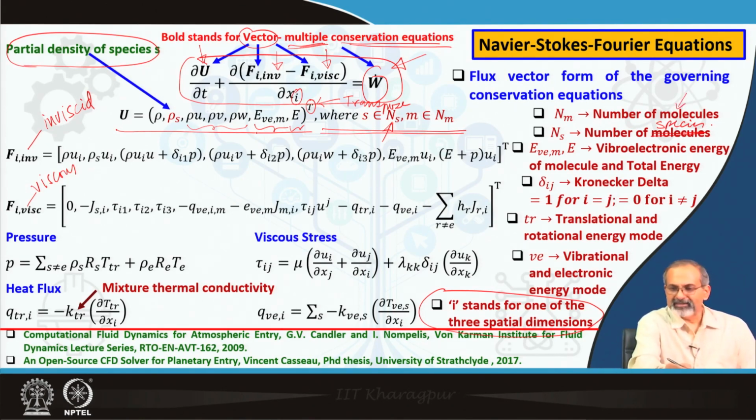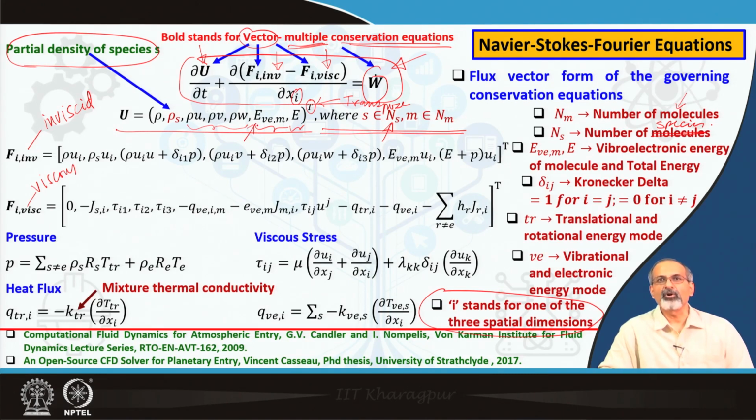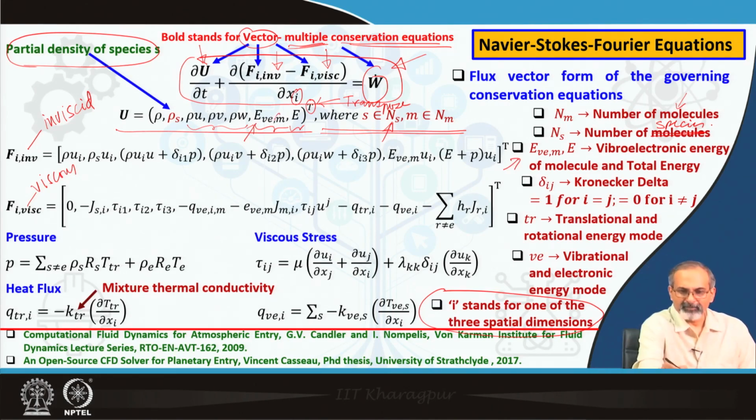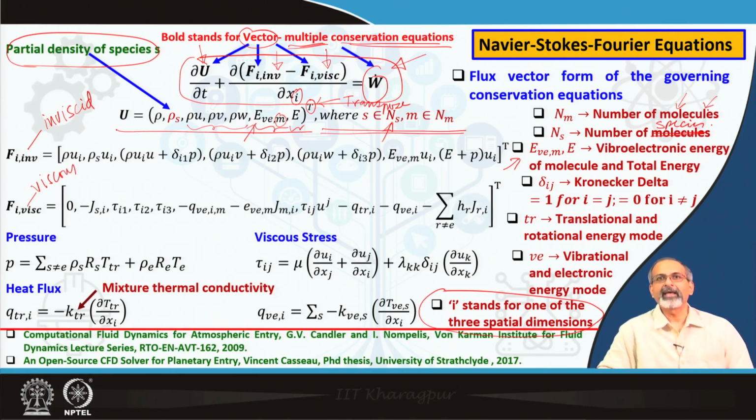We will discuss further the idea of E_VE, but briefly speaking, E_VE stands for vibroelectronic energy of molecules. The subscript m stands for molecules, which we said is comprised of N_M number of species, and the capital E stands for the total energy.